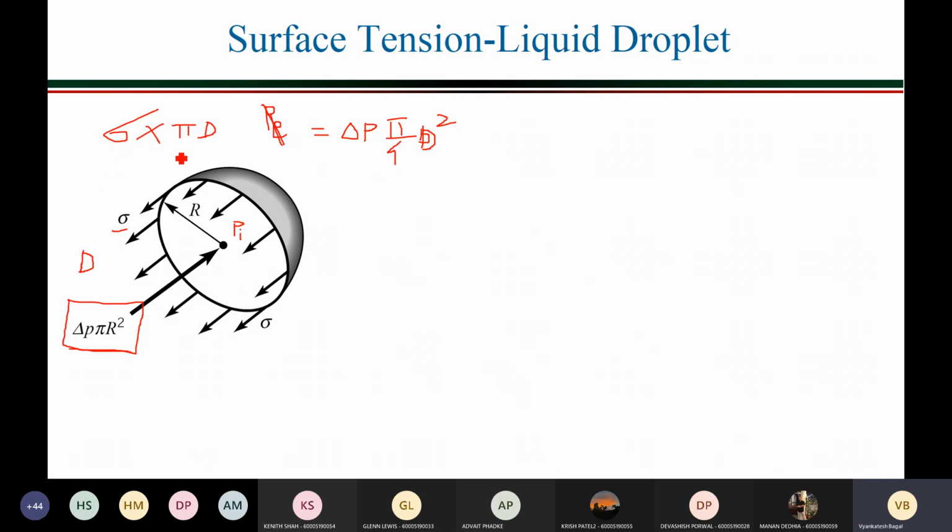So the surface on which the surface tensile force acts must be multiplied by 2 in that case. Is it clear? Because there will be two such surfaces, pi d, on which this surface tension is acting. Clear? So when you write this force balance, what is the expression for delta P you get?